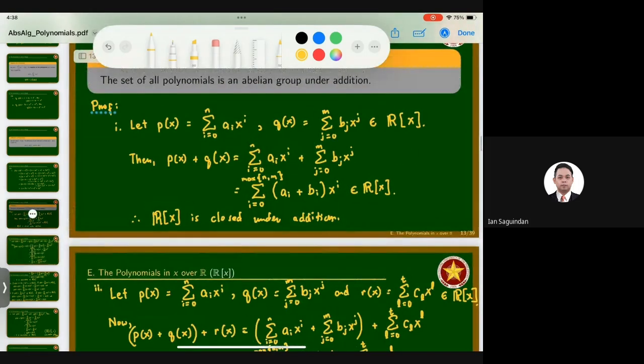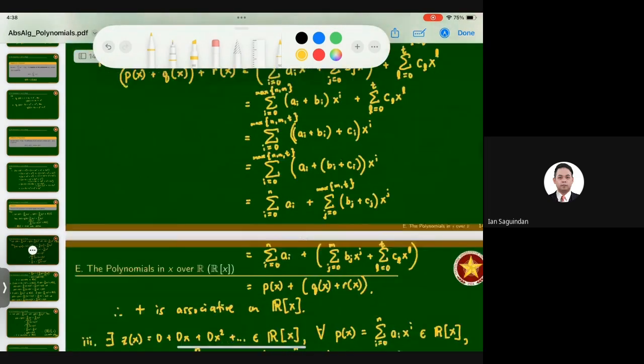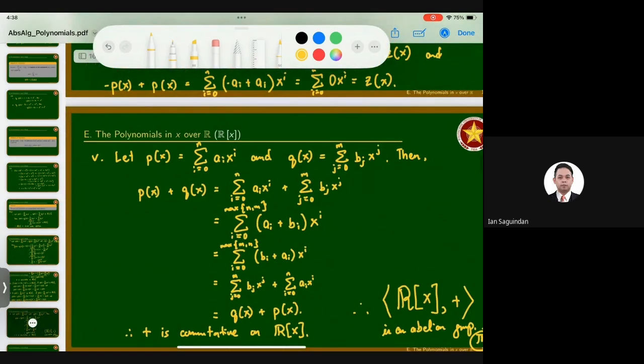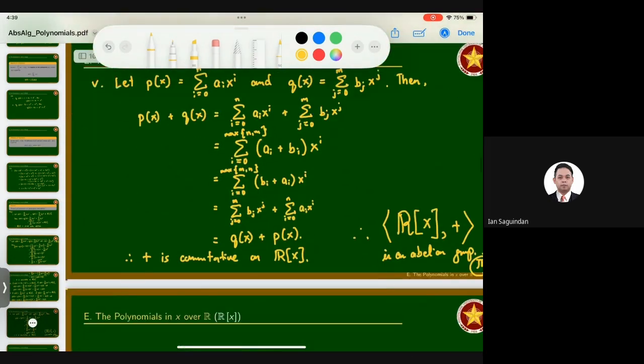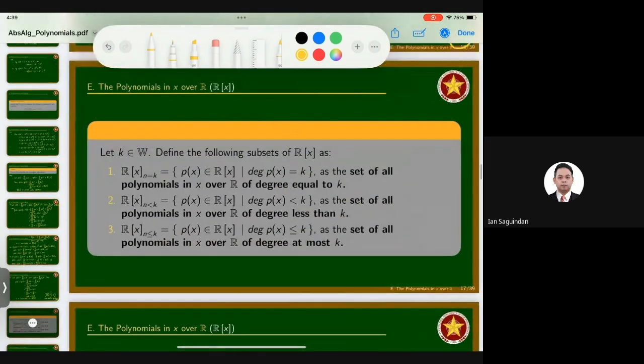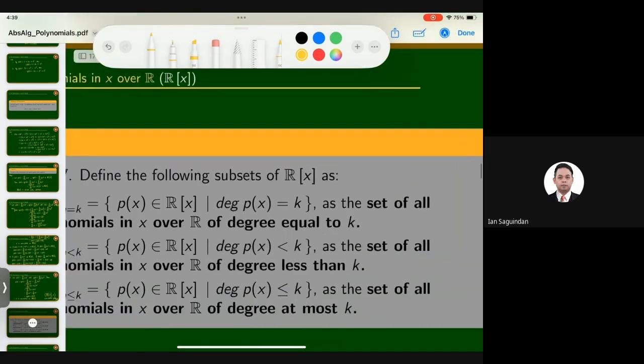Okay, so this is quite lengthy. Okay, as we proceed, now let us consider some specially defined subsets of the set of all polynomials.